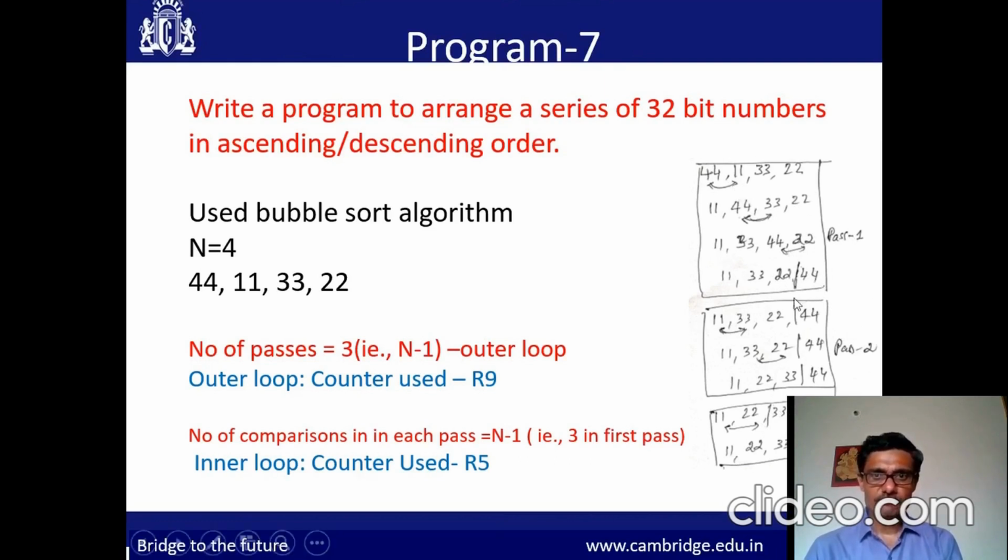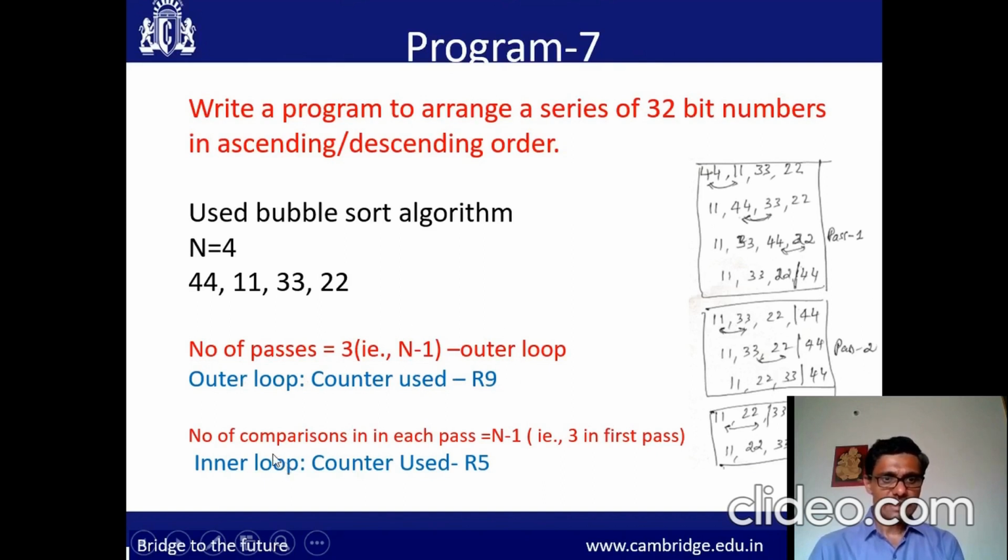You can see in the first pass, n is 4. There are 3 comparisons. So the number of passes equals 3 in our example, that is n minus 1 passes. In our program, the counter register we have used is R9 for the outer loop.